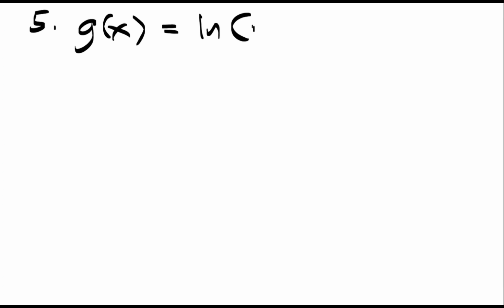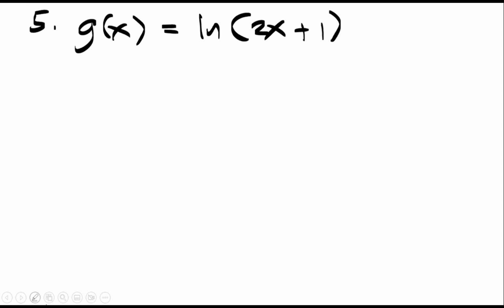This time, let us have a logarithm. So let us say we have g of x equals natural logarithm of 2x plus 1. So what is the inverse of this function?